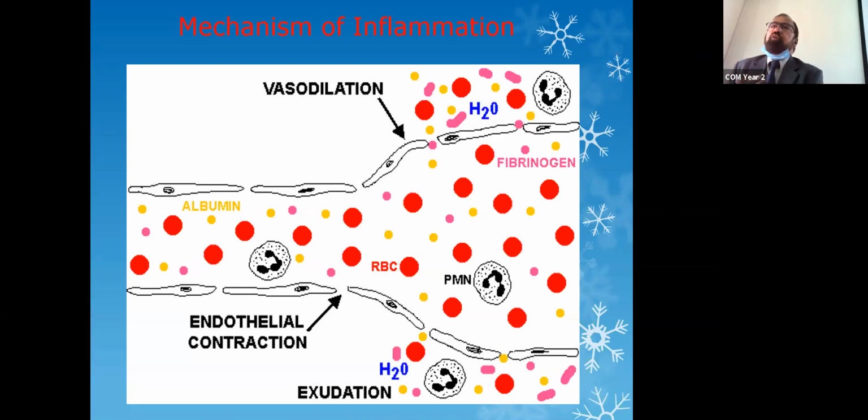What do you mean by rouleau formation? They stick together and form a bigger cell, even bigger than WBCs. So by this rouleau formation, they push the WBCs to the corner. So the WBCs will go towards the vessel wall, right? And then the cascade will go on, which I'll be telling you later on.